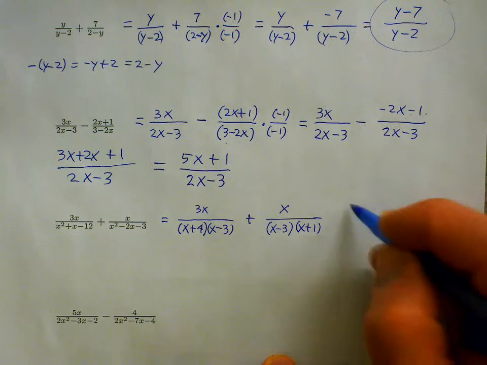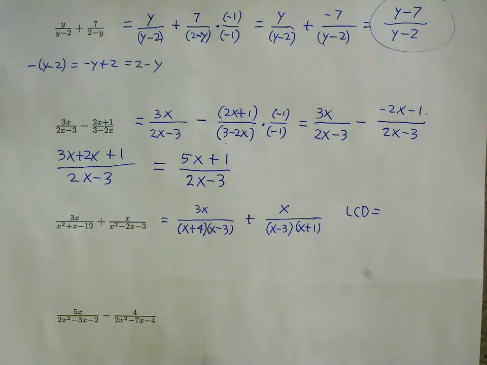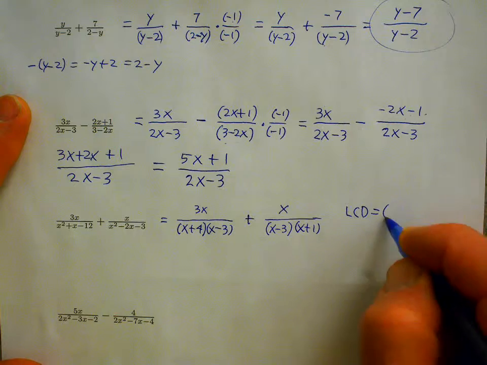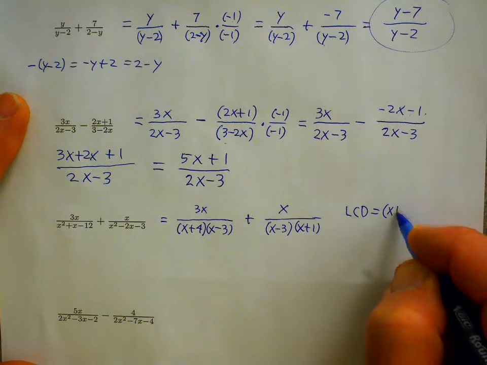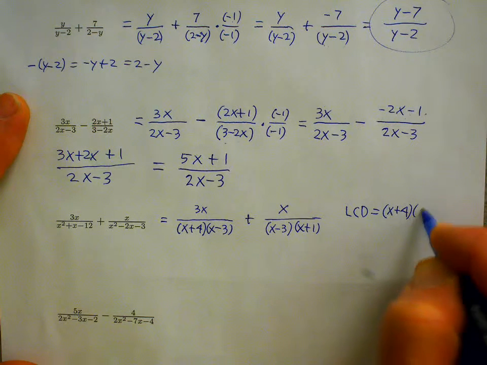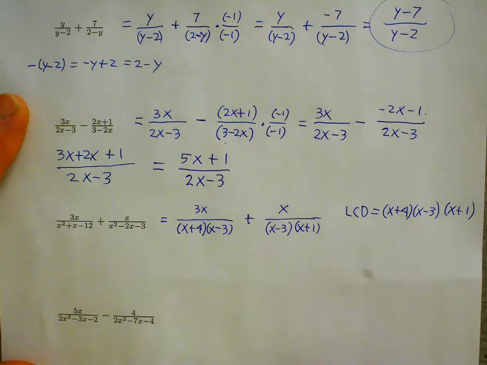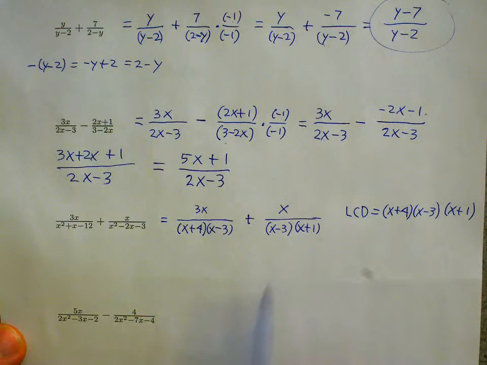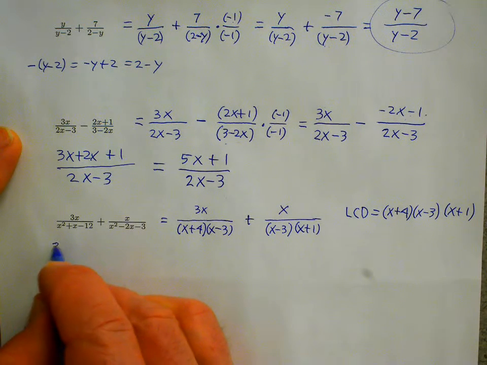Okay, so the least common denominator, the least common multiple of the denominators, has to be a multiple of both denominators. So the least common denominator is x plus 4 times x minus 3 times x plus 1. Okay, so multiply this fraction by 1 in the form x plus 1 over x plus 1.